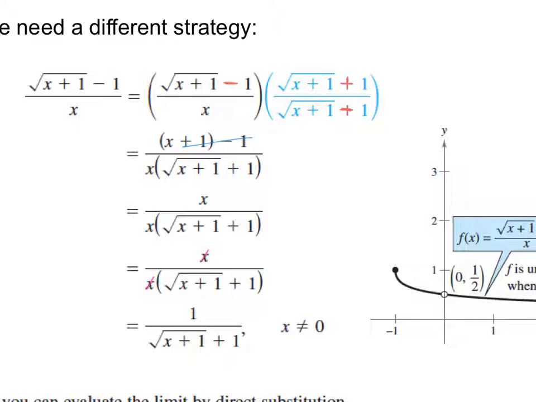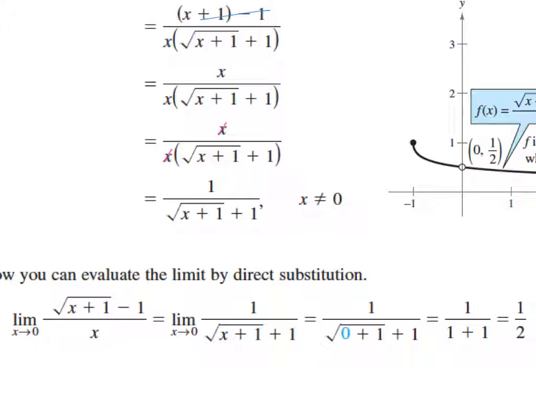Okay? Now I know this right here says x cannot equal 0. That's the domain originally. Notice now, this function is allowed to equal 0. So we can plug in 0, and now that we have this simplified, we can rewrite the original problem as the limit as x approaches 0 of 1 over the square root of x plus 1 plus 1. And then we can evaluate that limit by simply plugging in 0 for x.